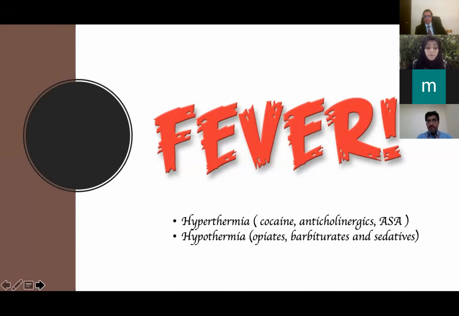And when you simply burn more glucose, you have more energy, and with that, you produce more heat. Now, why the anticholinergic and why the aspirin have also high fever, we're going to talk about it in the next slides.